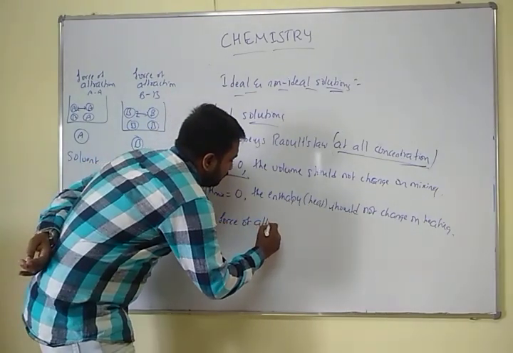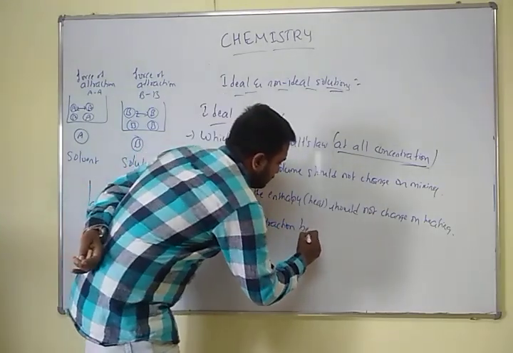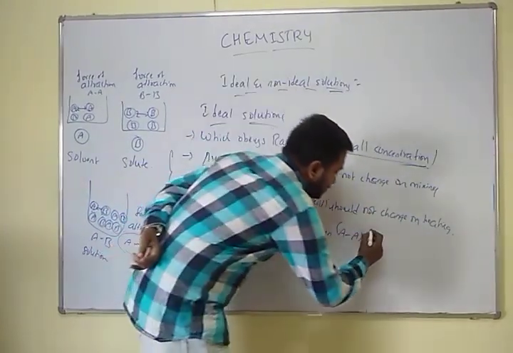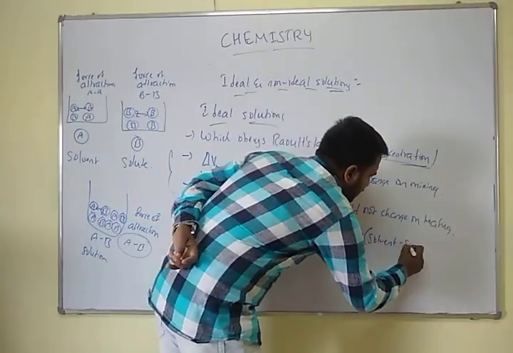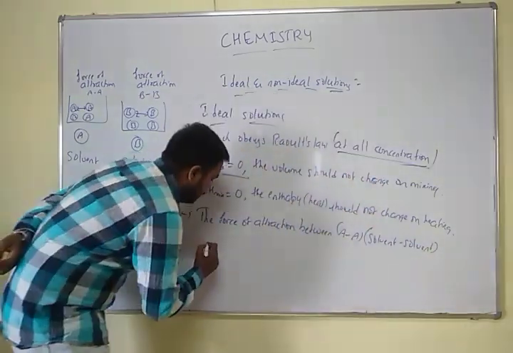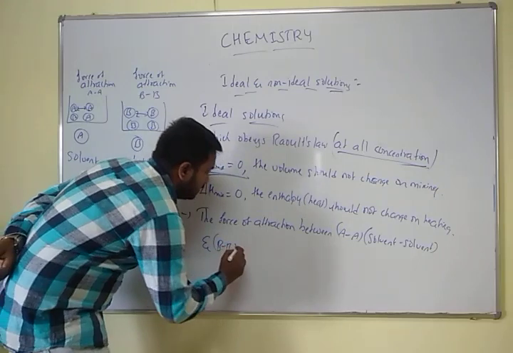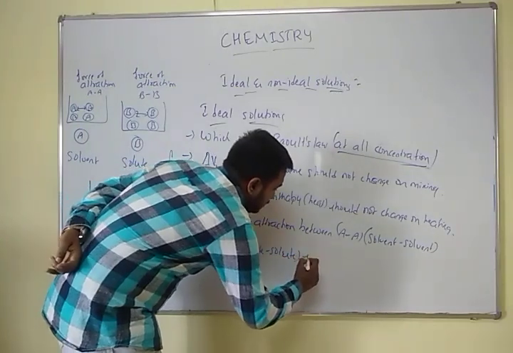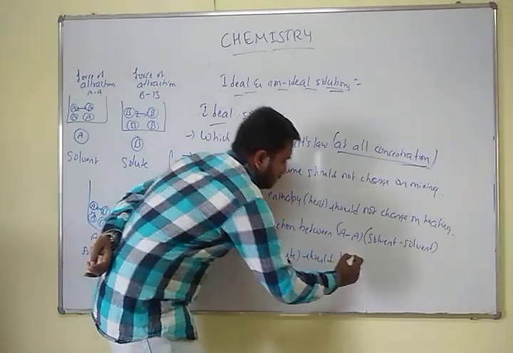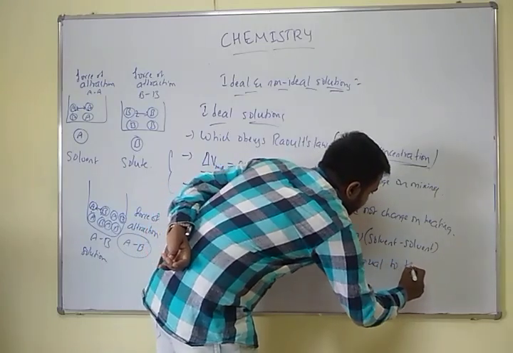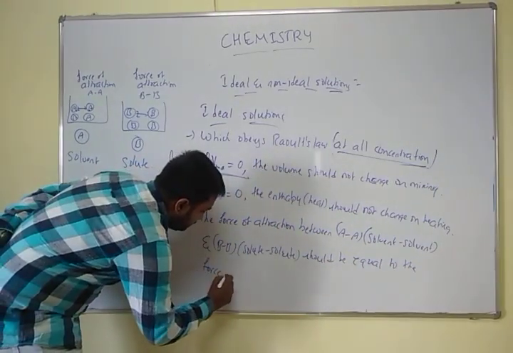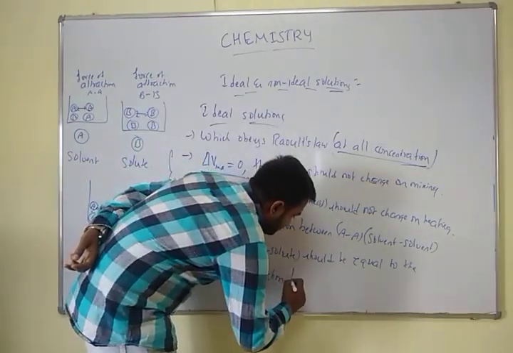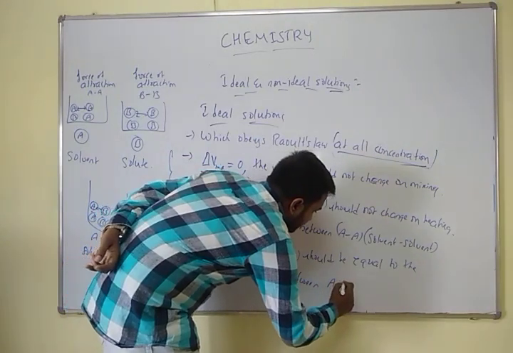The force of attraction between A, that means solute and solute, solvent, you can take anything, no problem, and BB, it is solute, should be equal to the force of attraction between AB components.